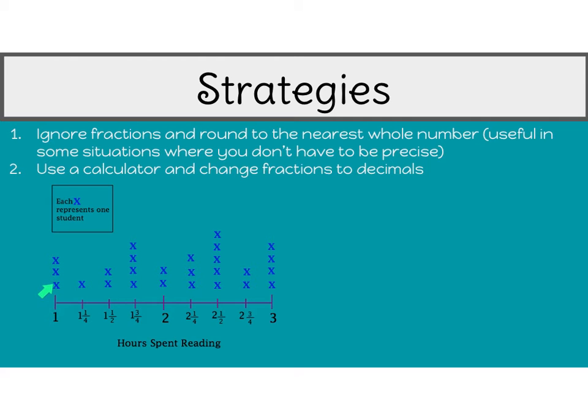So we have 1, 2, 3, 4, 5, 6, 7, 8, 9, 10, 11, 12, 13, 14, 15, 16, 17, 18, 19, 20, 22, 23, 24, 25, 26 data points. So we are going to divide by 26. So I'm just going to write 26 up here because we know that's the total for the data points. So that's what we're going to divide by.